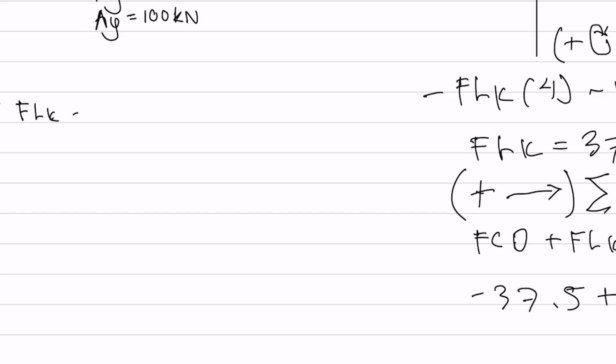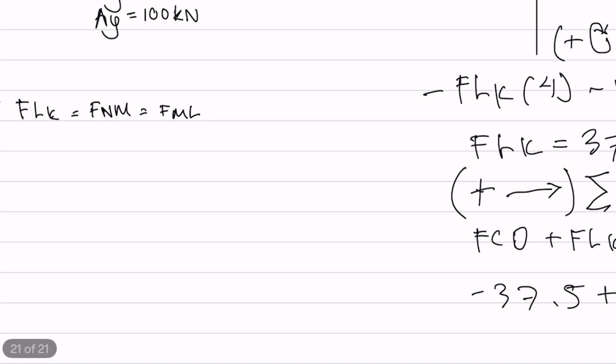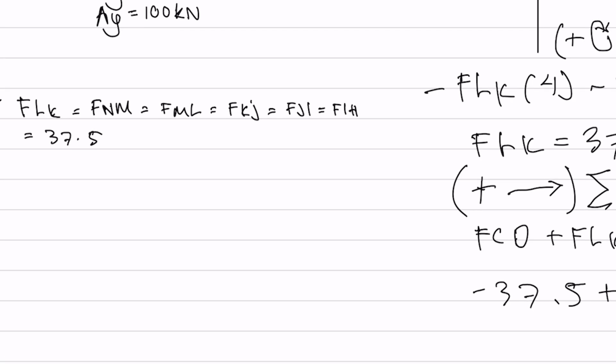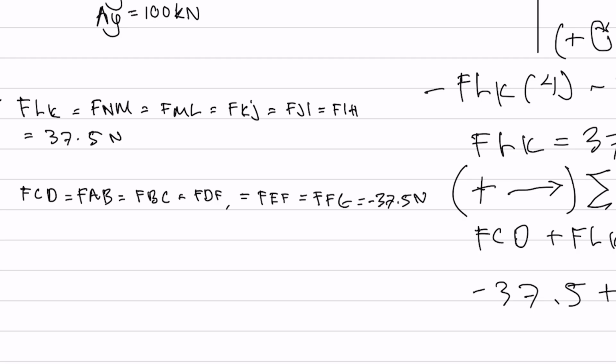FLK, FMN, FML, FKJ, FJI, FIH are 37.5 N. And members FCD, FAB, FBC, FDF, FEF, and FFG are negative 37.5 Newton.